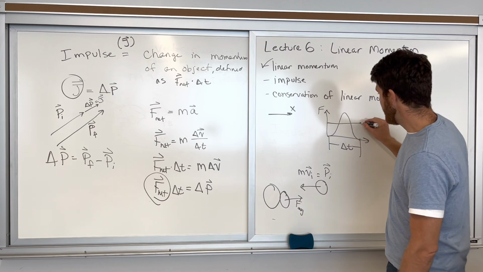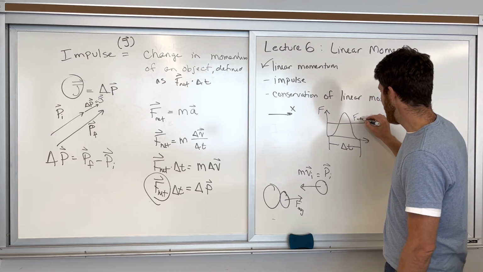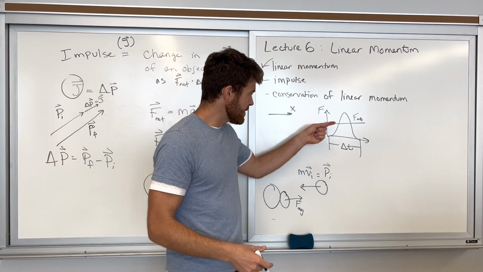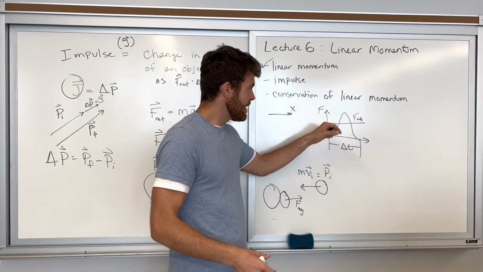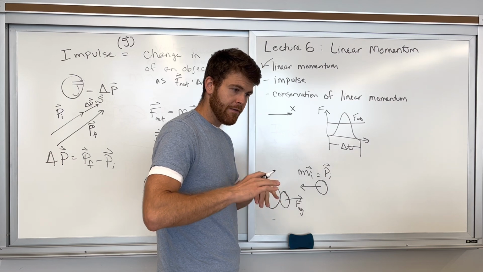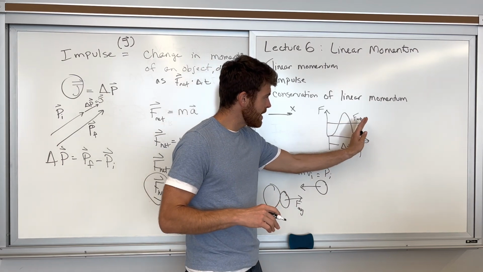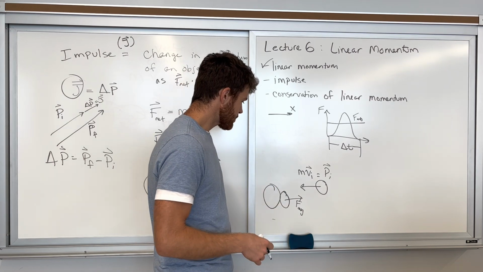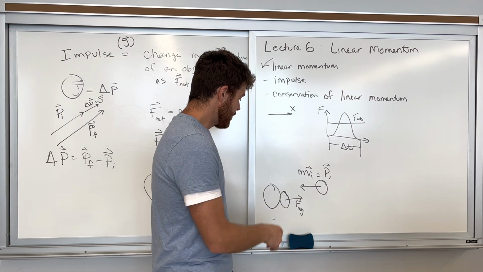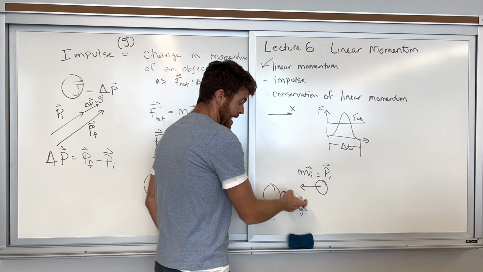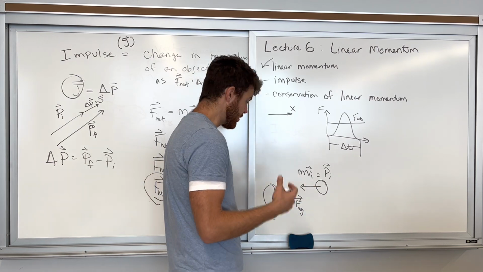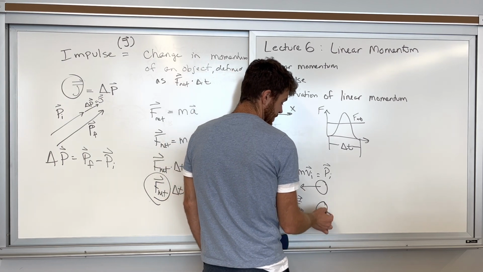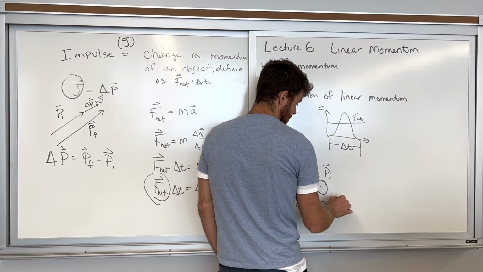So we just find the average force. We can find what would be the average force if we can boil this varying force of time down to one force of constant value that's applied for that entire time interval. That's what we're going to call the average force. So this bat exerts some average force on the baseball while they're in contact, and as a result, the baseball is sent in this direction.